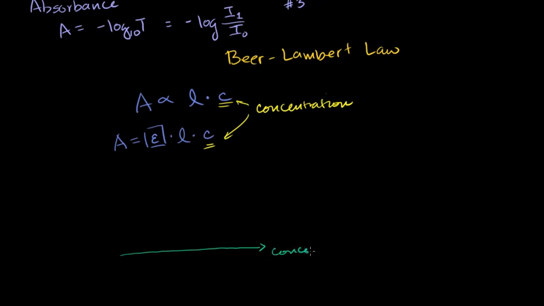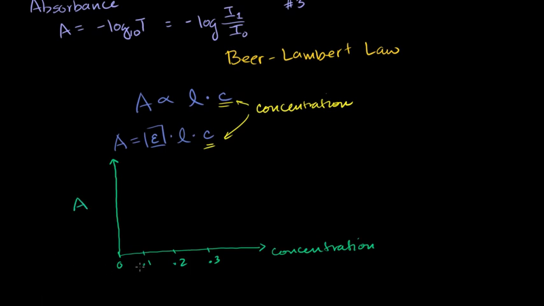This is our concentration axis, and we're measuring it as molarity. Let's say the molarity starts at 0, and goes 0.1, 0.2, 0.3, and so on. And over here, in the vertical axis, you measure absorbance.